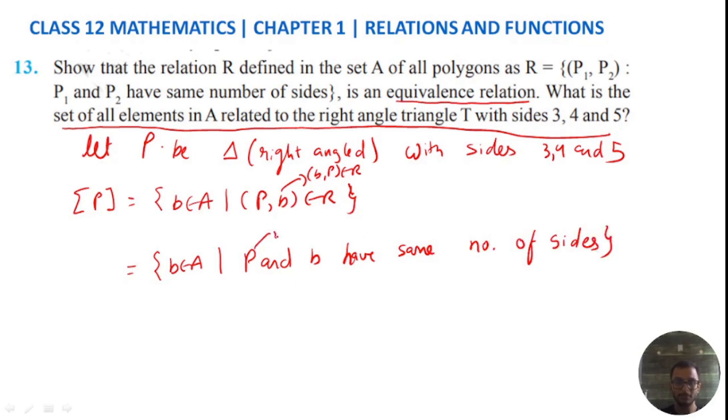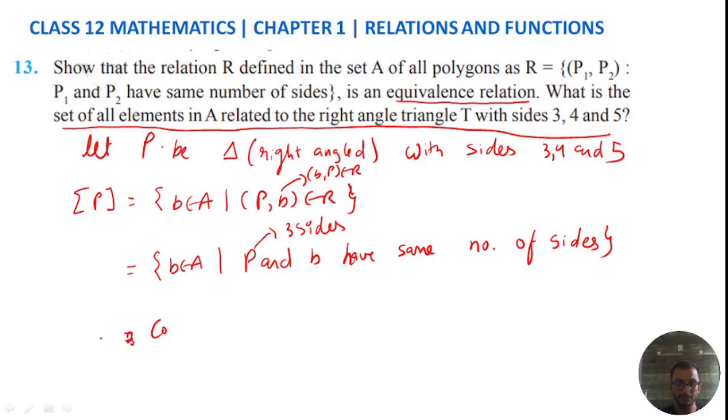P has 3 sides. And what is a 3-sided polygon called? It is called a triangle, right? So B will be related to P if it has 3 sides, that is, if it is a triangle. So it will be the collection of all triangles.